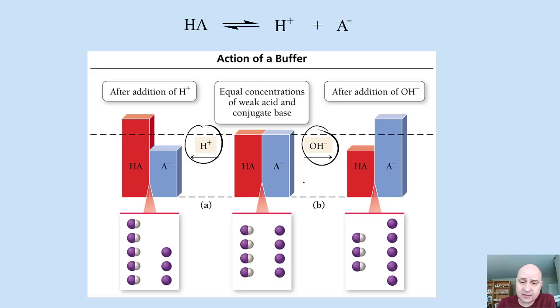It makes sense that the hydroxide would deplete the acid concentration and increase the conjugate base, whereas the acid, if you add it to the system, will deplete the conjugate base concentration and increase your acid concentration.